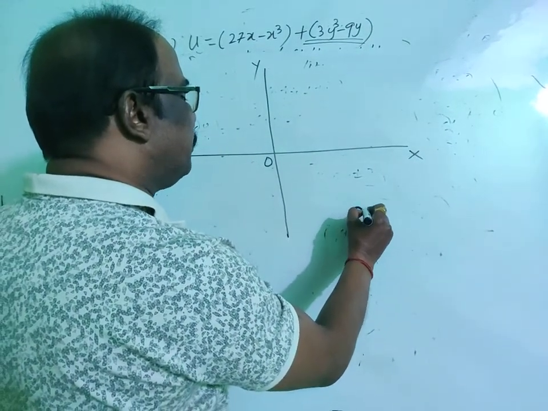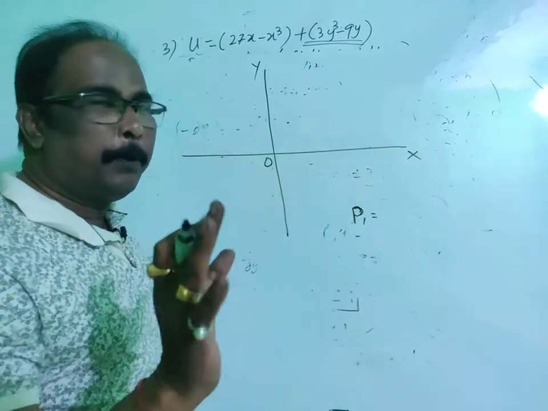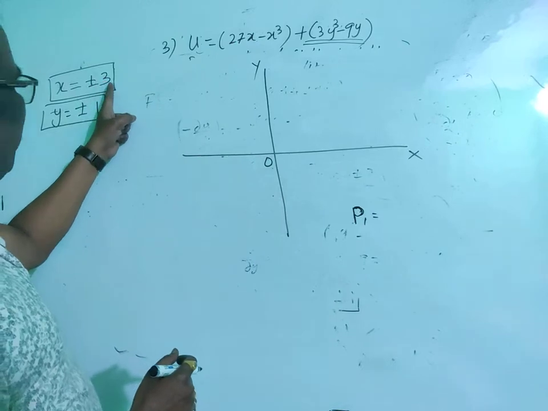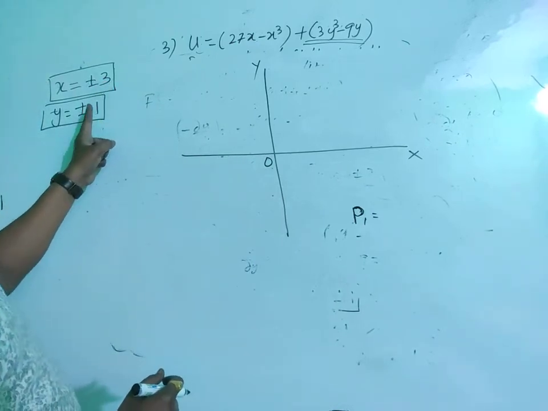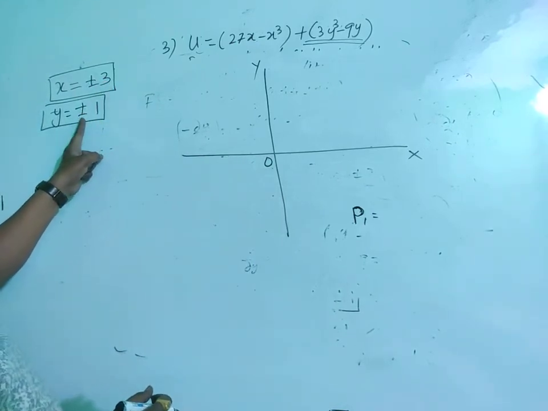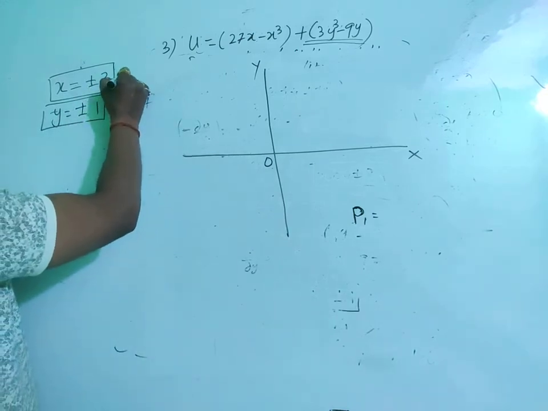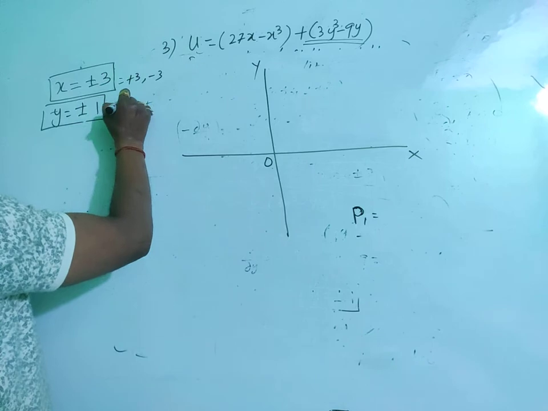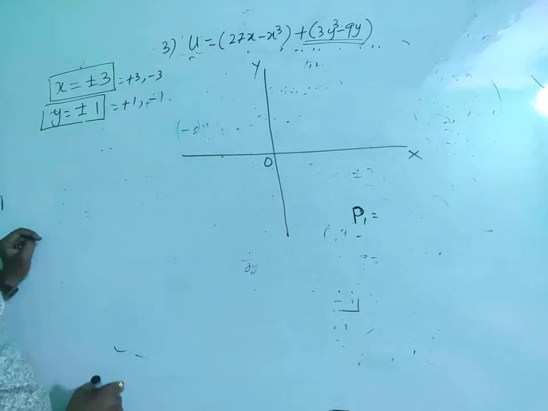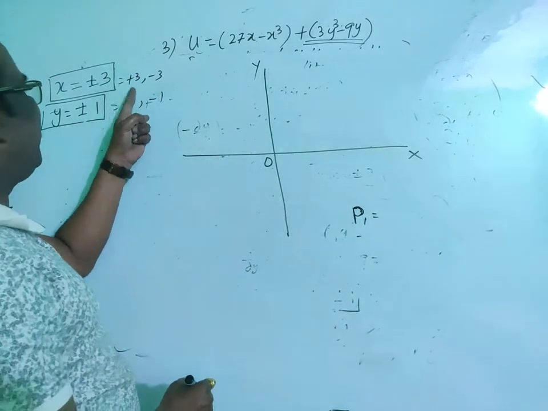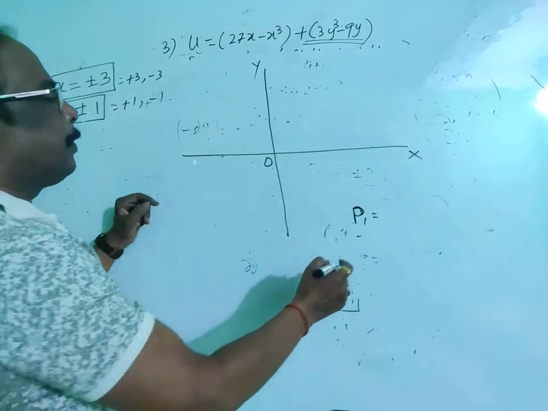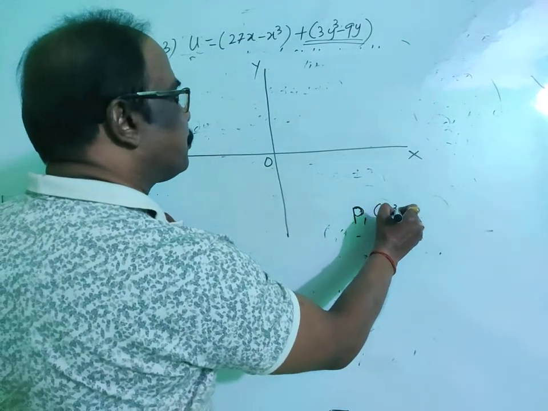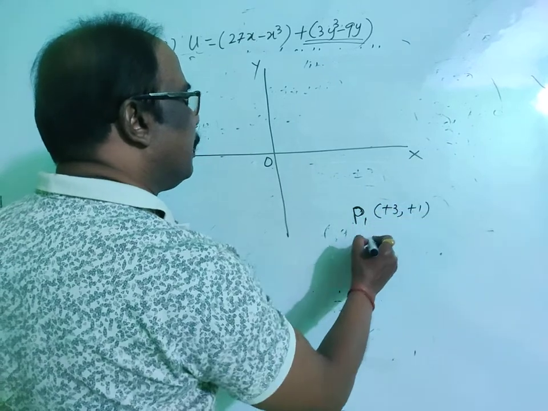At what point will we get equilibrium, and what type of equilibrium will we see? For point P1, the value of x is plus 3 and the value of y is plus 1.